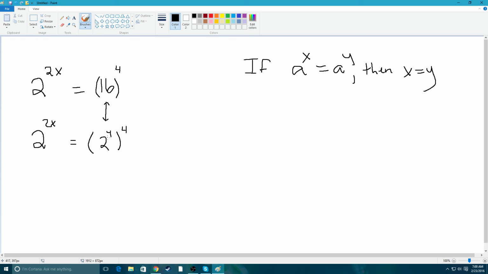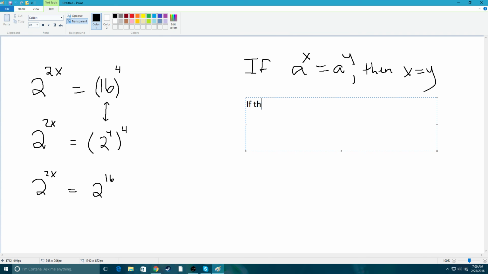I just changed the inside, the base, into a power of 2. So on the left, you got 2 to the 2x. On the right, you got to use the power of a power rule. 4 times 4 gives us 2 to the 16th power. And now we can use this rule that says if the bases are the same, the exponents must be equal.